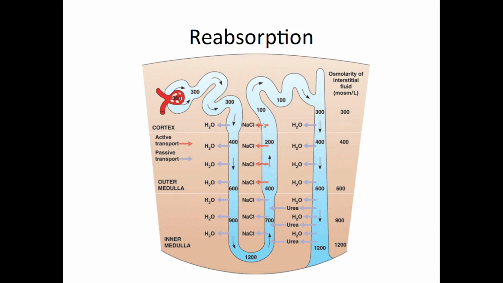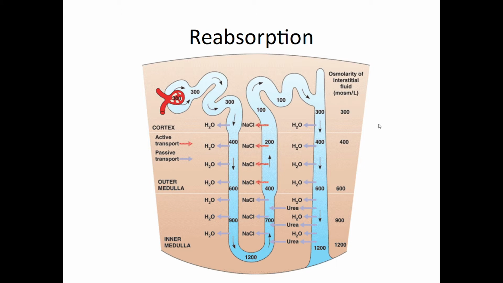Now one thing that's really important here is the osmolarity of the fluid. Up at the outer edge of the kidney, at the top of the nephron, you will see that the osmolarity of the fluid is about the same as what filters out of the plasma in the first place.